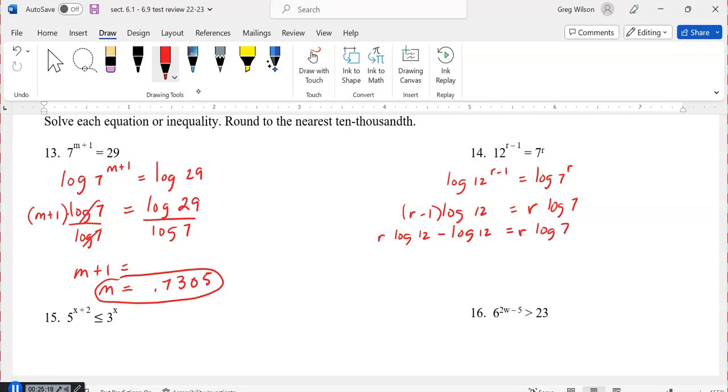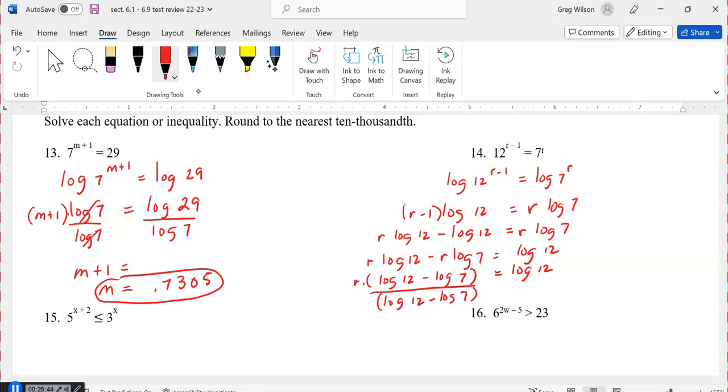Because eventually I want to get the r logs together on one side so I can factor out r. So factoring out r, and now I can get r by itself with division by log 12 minus log 7 on both sides.